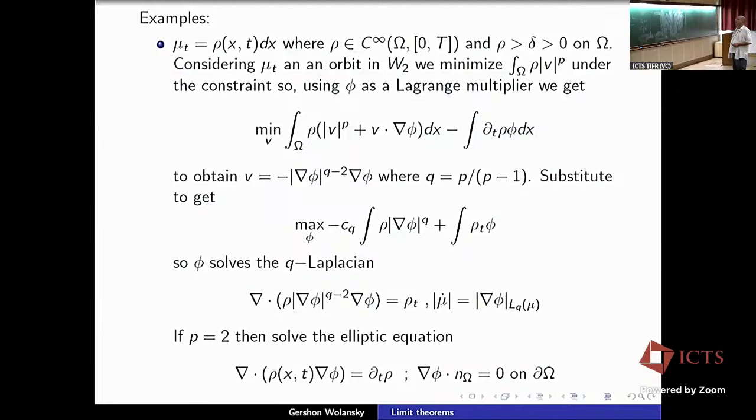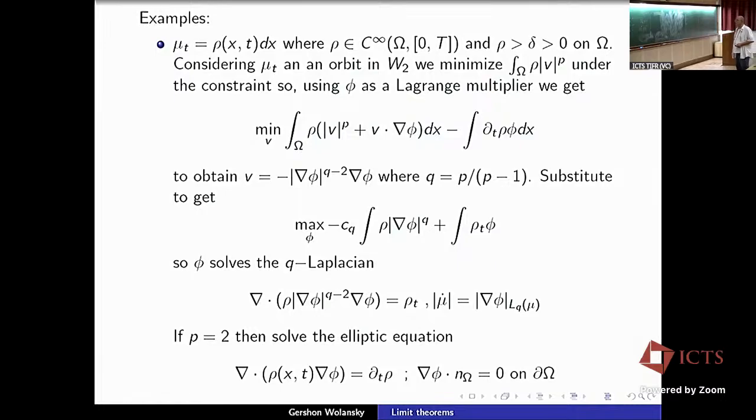We substitute it, and we get that we have to maximize this in the space of functions phi. The maximum is the solution of the q-Laplacian. So it turns out that the metric derivative of mu is the gradient of this phi in the L^q norm with respect to mu at time t.